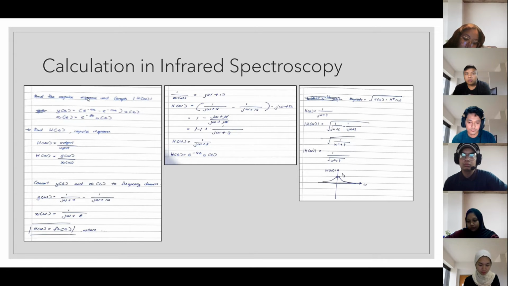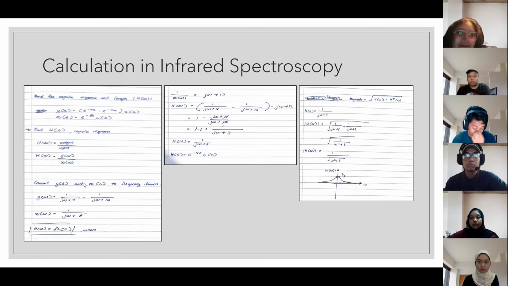As we know, the square root is on top, so we can put the square root below with the power of 2, giving 1 over the square root of omega squared plus 9. Therefore, that is the graph as shown, where the modulus of H(omega) at zero is equal to 1 over 3, and the graph is a bit of a spectrum. Okay, that's all from me. I'll be passing to my team member to present the next slide. Thank you.